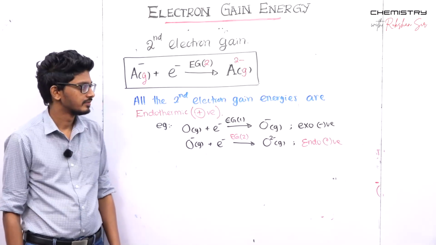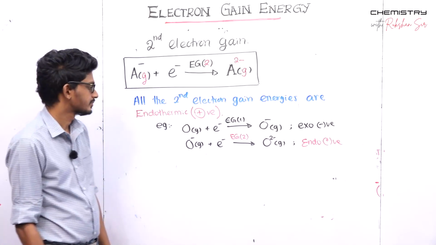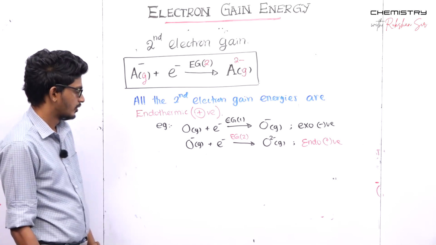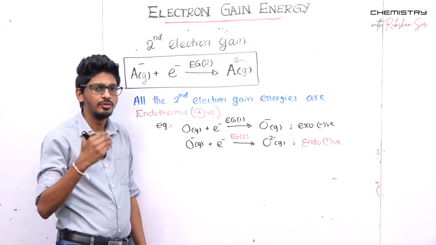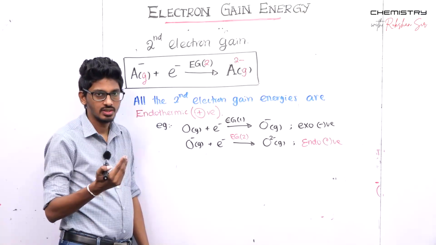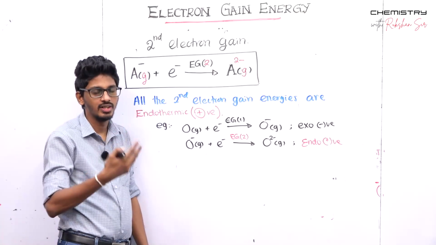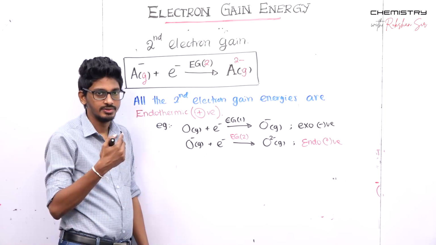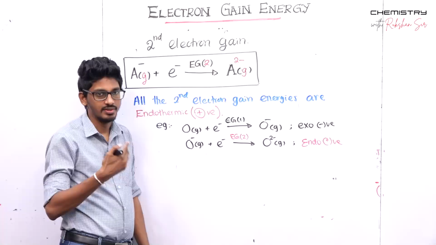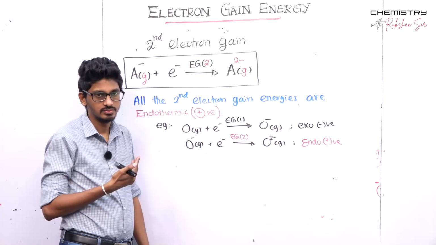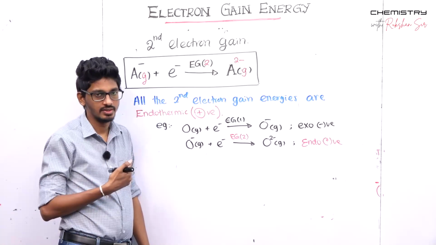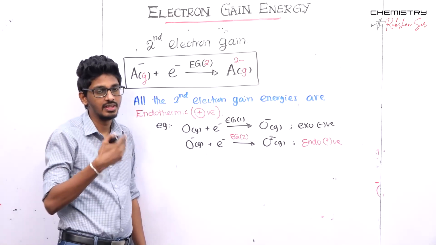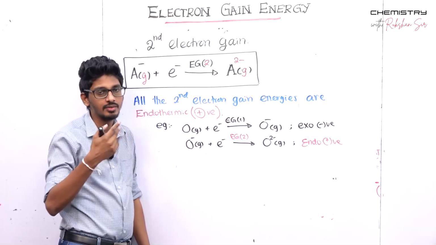Why is that? The idea is this. The simplest idea is that when an atom refuses to gain an electron, not keen to gain an electron, the value appears as a positive, endothermic value. That is what happened with the stable configurations as well: beryllium, magnesium, nitrogen.